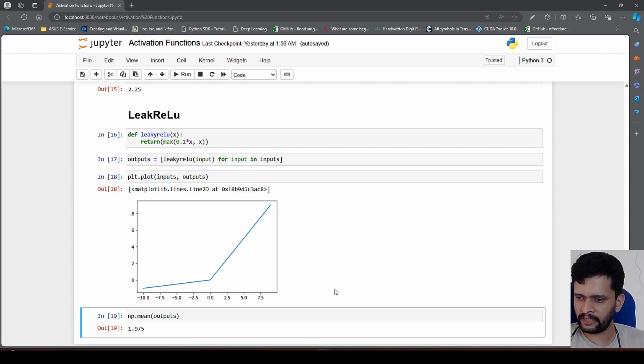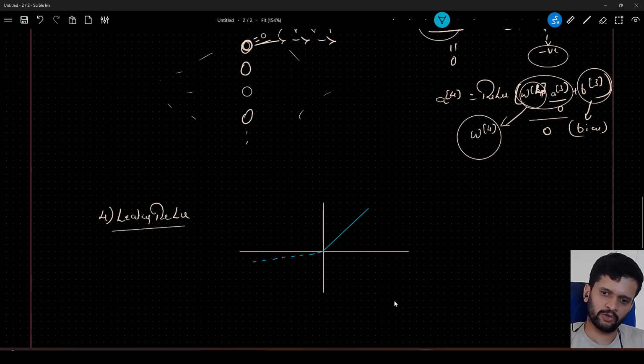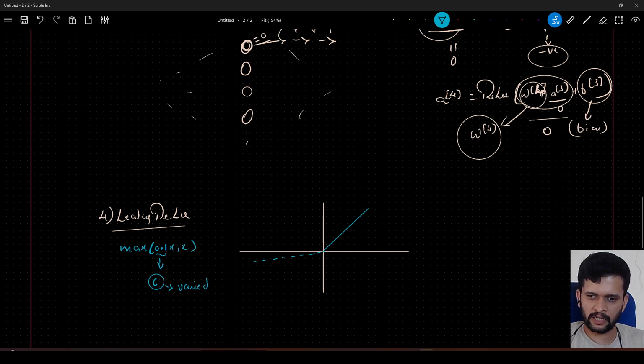So how do you implement it? It's simple. Instead of max of 0 comma x, it will be max of 0.1x comma x, and this 0.1 is some constant and this can be varied. We can use 0.1 or we can use 0.01, whatever value we want to use.